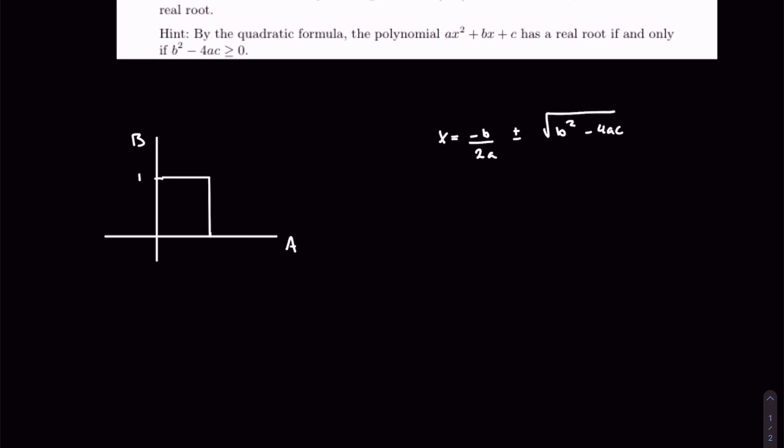Now let's draw a line visualizing where this condition is valid versus invalid. We do that by taking this condition, b squared minus 4ac is larger than or equal to 0.